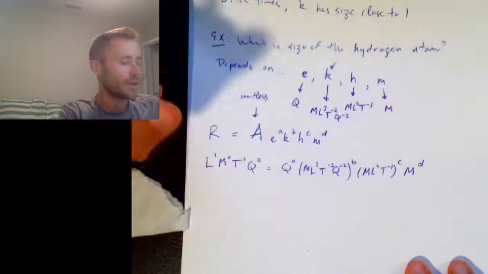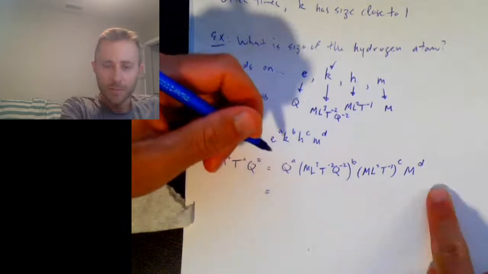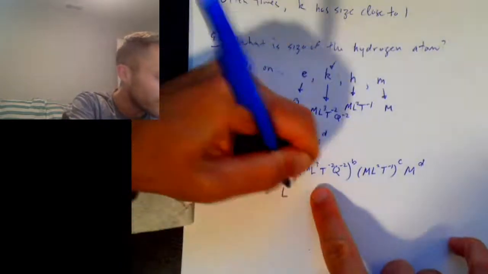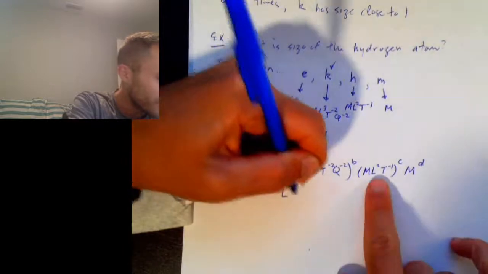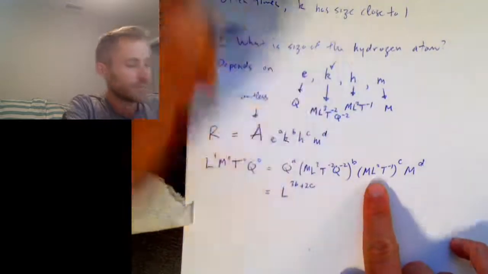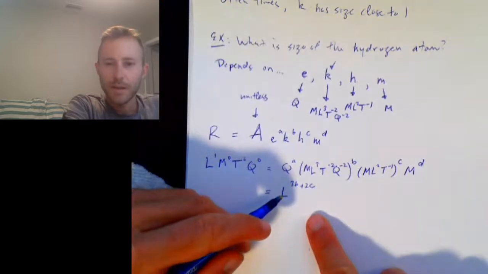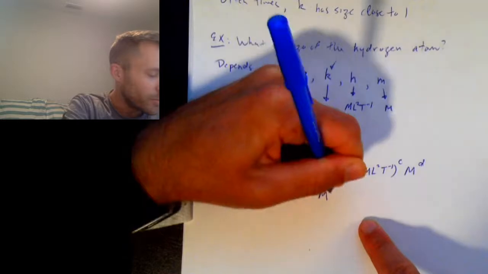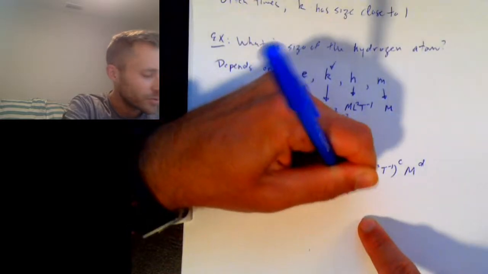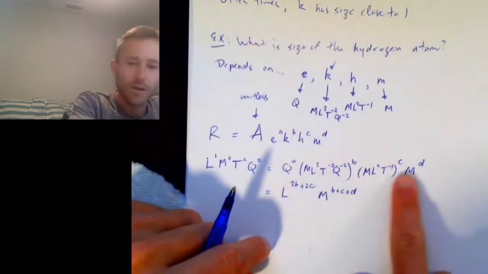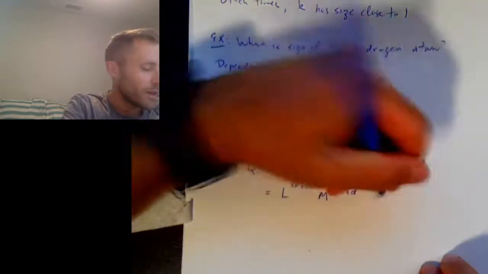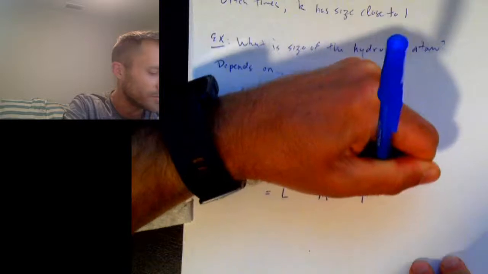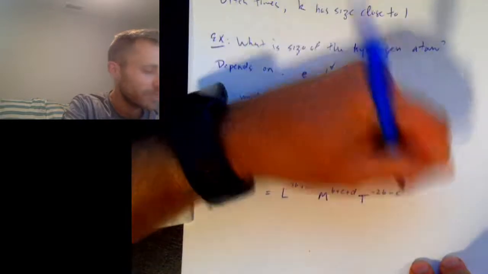All right, so now I have to match the powers. Powers of L: I have L to the 3b plus 2c on the right-hand side. I have M to the b plus c plus d. I have T to the minus 2b minus c.